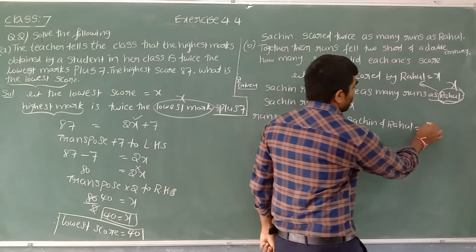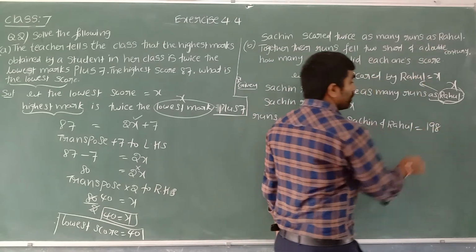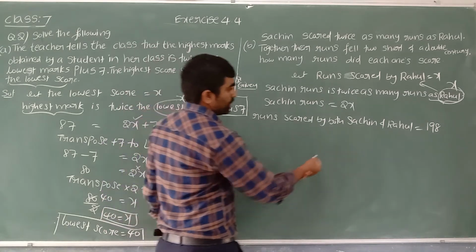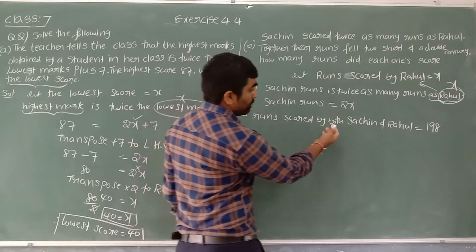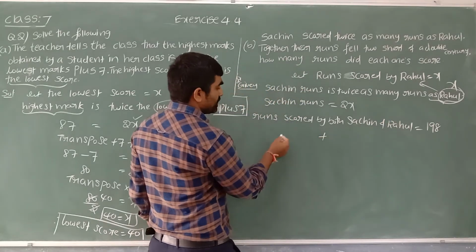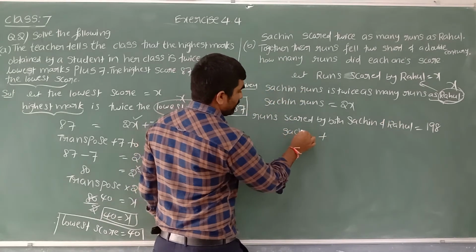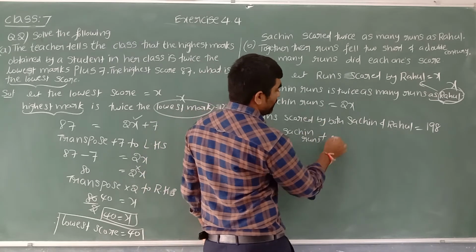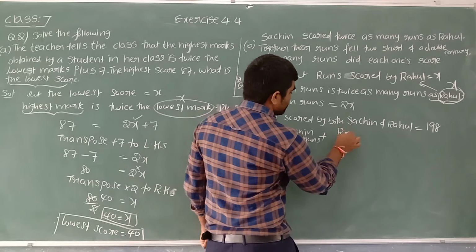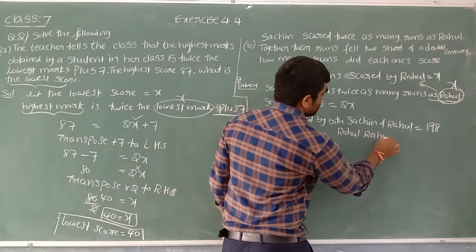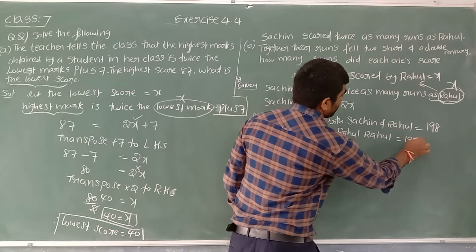That means both together they scored 198 runs. Both together means here the plus symbol. Runs scored by both Sachin and Rahul, the sum of Sachin runs and Rahul runs.